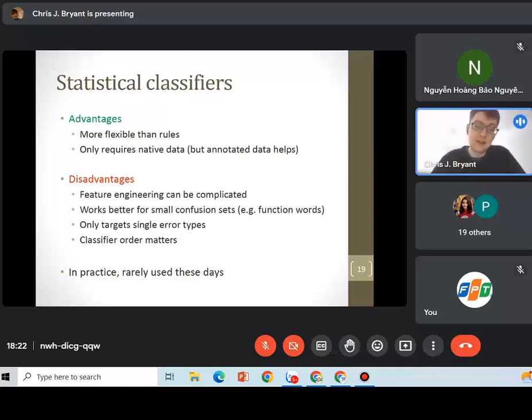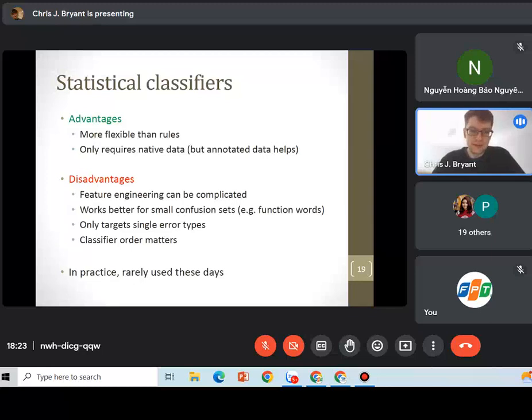And like language model approaches, they only require native data technically. As long as you've got a good corpus that shows how correct usage can work, then the model can detect deviations from it. Although that said, if you also have a few negative examples of verbs in the wrong place, then that also teaches the machine how to perform better.